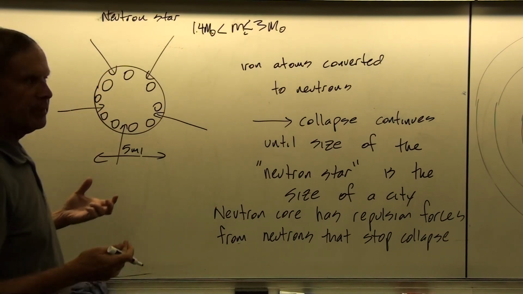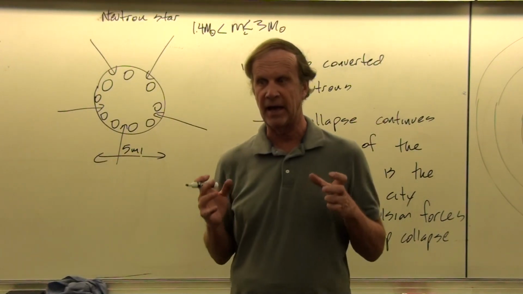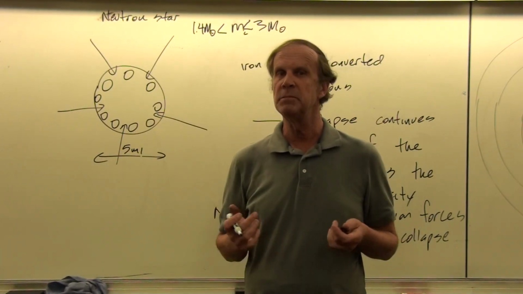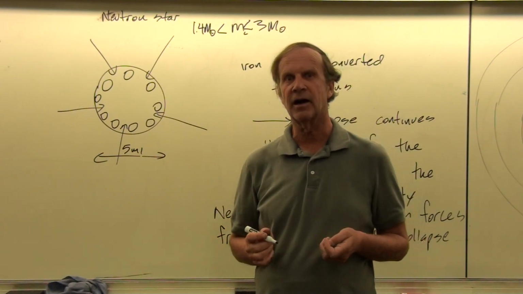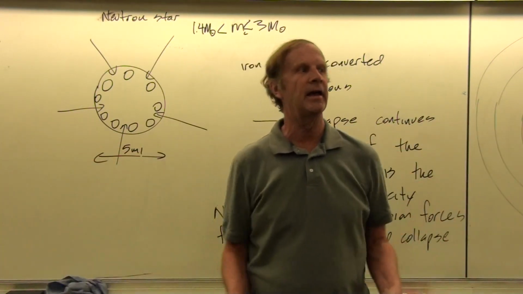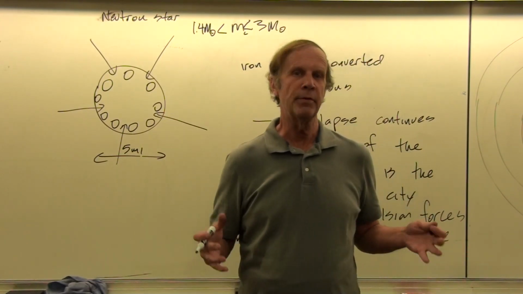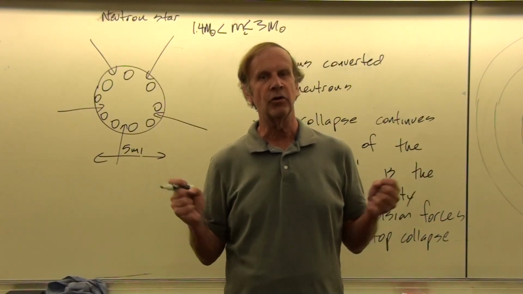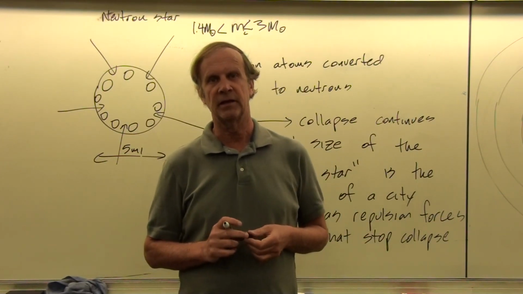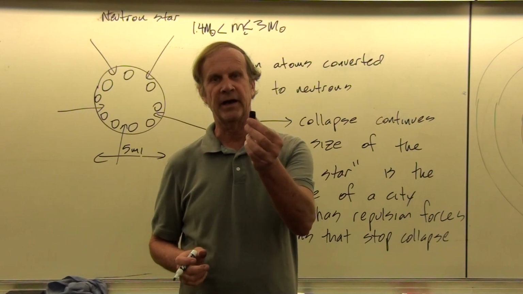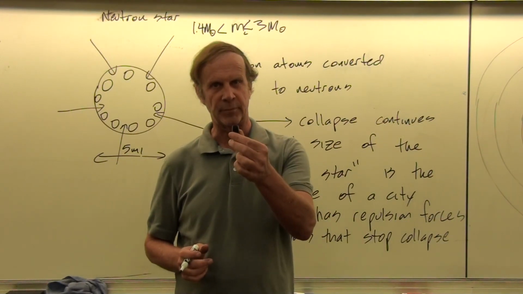And so, but the density is incredible. We said before that for a white dwarf, you have a density that's maybe 1,000,000 times the density of water. But for the neutron star, you took, say, an amount of mass that's equal to the Empire State Building, and you crush it down to neutron star density, you're looking at something that is about as big as this pen cap, okay?